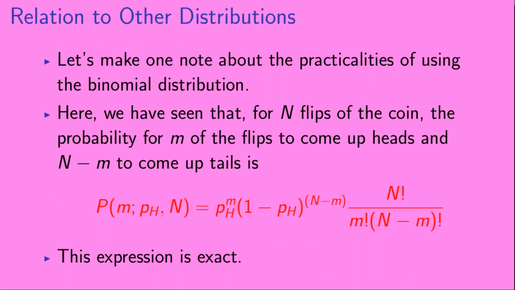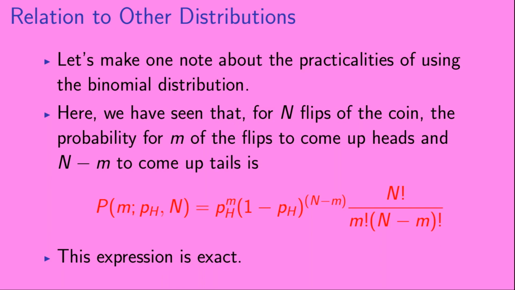Let's make one last note about the practicalities of using the binomial distribution. Here we have seen that for n flips of the coin, the probability for m of the flips to come up heads and n minus m to come up tails is pH to the m times 1 minus pH raised to the n minus m power times n factorial over m factorial times n minus m factorial.